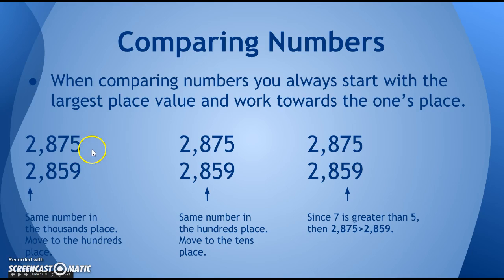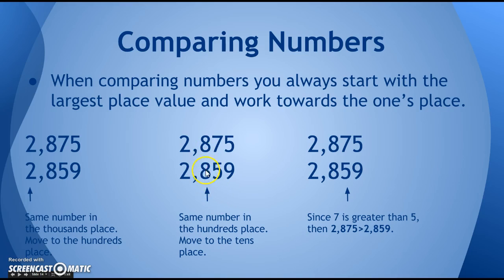We have 2,875 and 2,859. The first thing we look at is the thousands place value. And as we see, we have a 2 in 2,875 and we have a 2 in the thousands for 2,859. So between these two numbers, we can't determine which number is larger. So we need to move on to the hundreds column. If we look at the hundreds column, again, we have an 8 in the hundreds for 2,875, and we have an 8 in the hundreds column for 2,859.